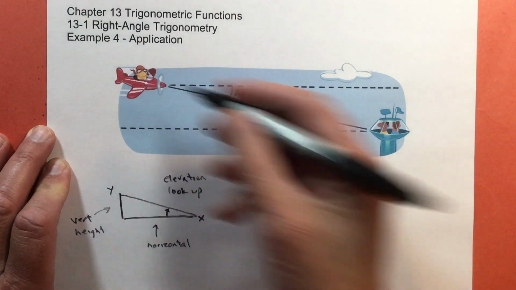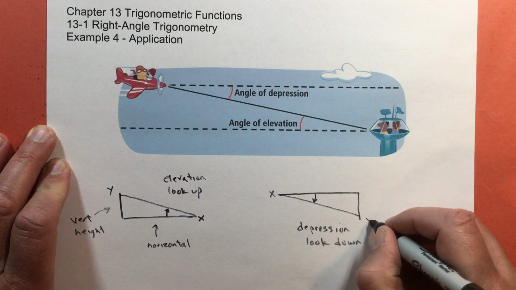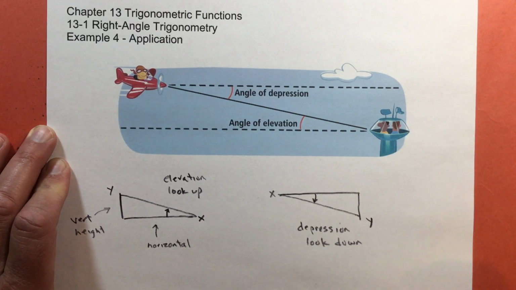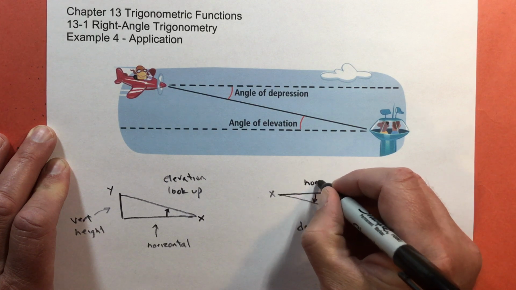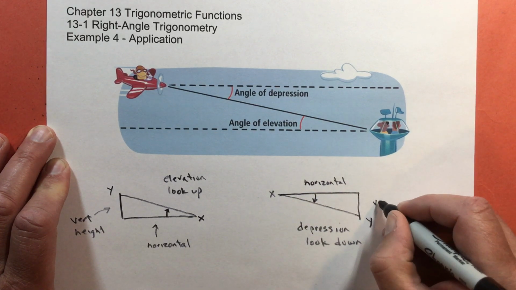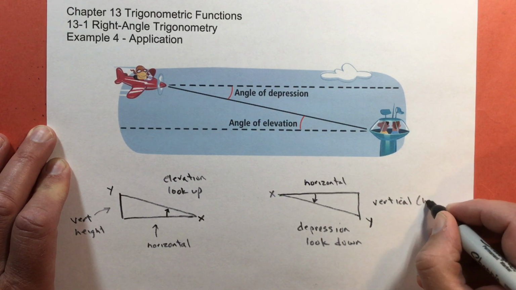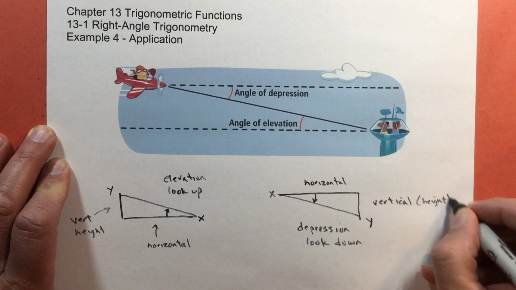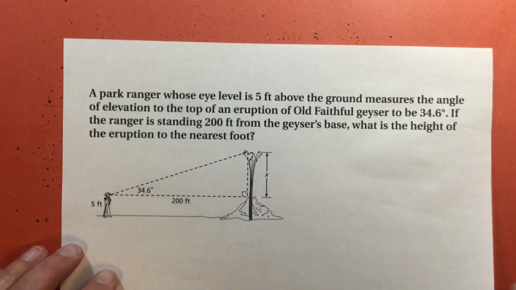If you're at the airplane and you want to look at where the tower is, I switch the x and y, it doesn't matter. I still have this horizontal distance, and I still have this vertical distance, which of course would be the height. Again, we're either trying to figure out what the height is, or what the horizontal distance is. So here's the example that we're going to do.